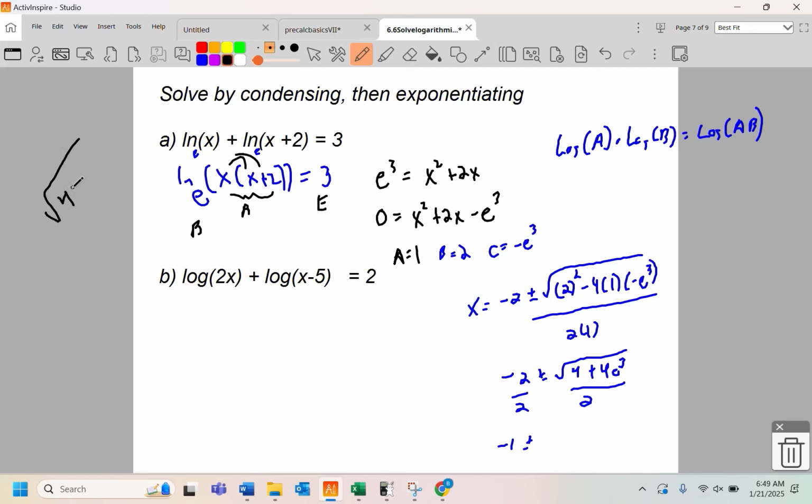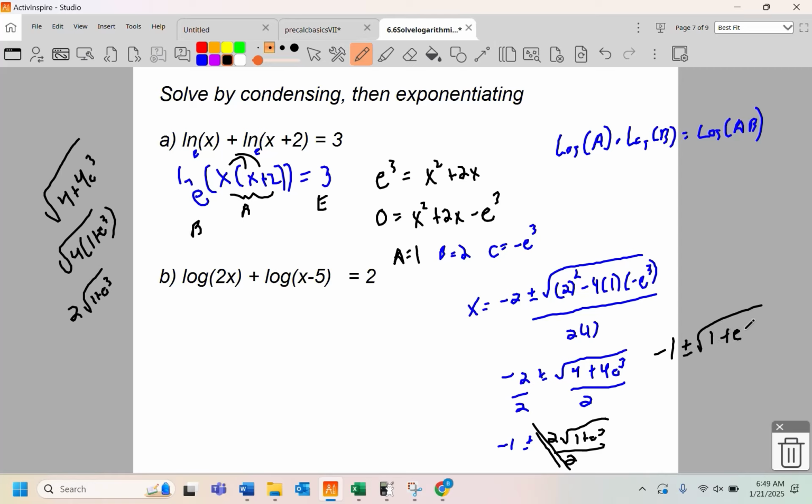But root of 4 plus 4e cubed is a root of 4 times 1 plus e cubed, which is 2 roots of 1 plus e cubed. You can simplify those things. And I forgot the plus or minus symbol over 2, and the 2's are gone. So here's your answers. Negative 1 plus or minus a root of 1 plus e cubed.